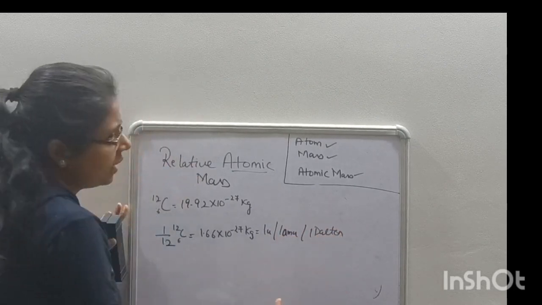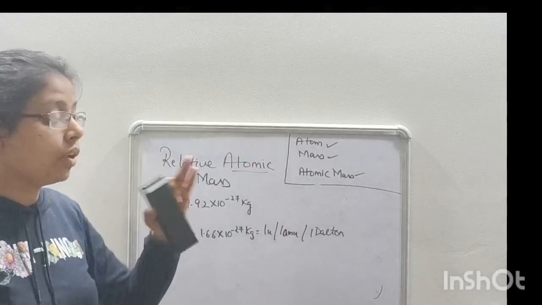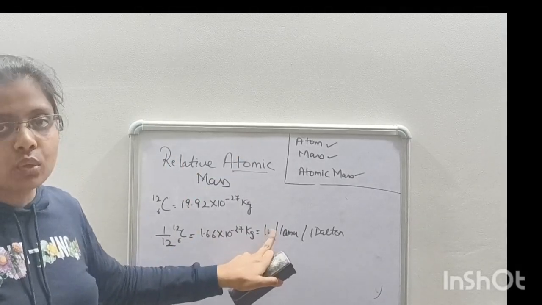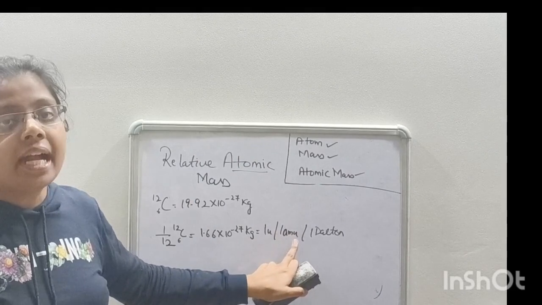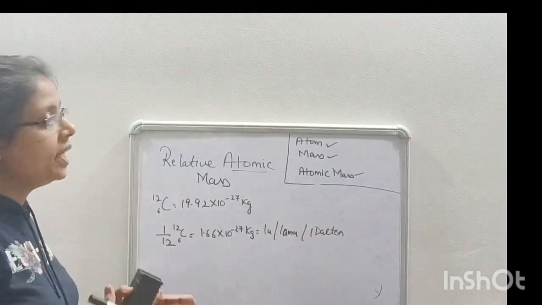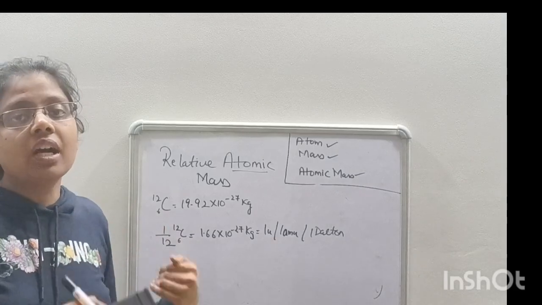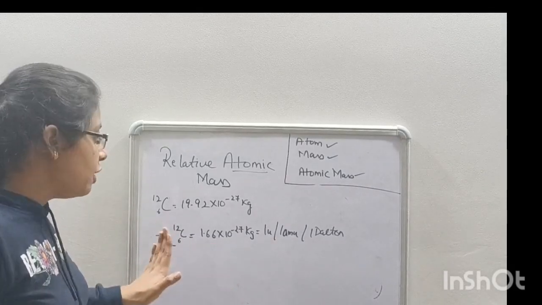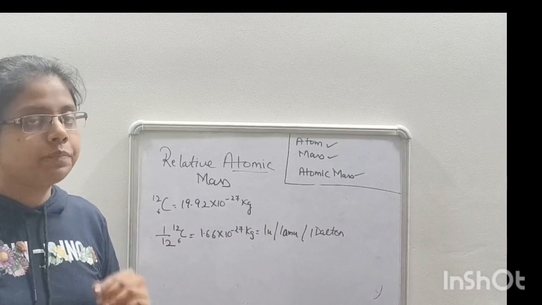I think now you can see where this U comes from. U means unified mass, AMU means atomic mass unit, and Dalton is named for the scientist. So 1/12 of the mass of the carbon atom will be defined as 1 U.